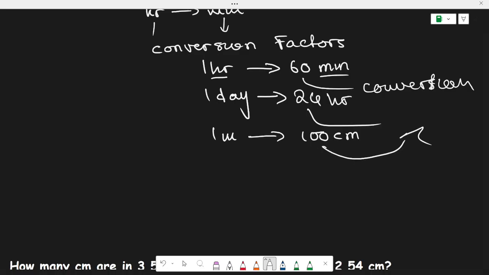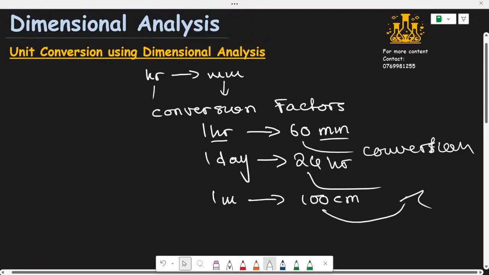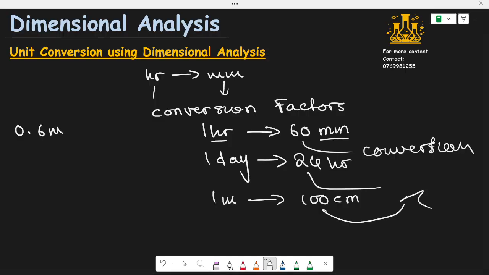So now how do you use these conversion factors? Let's take, for example, you have 0.6 meters. How do you convert from meters to centimeters? How do you convert this 0.6 to centimeters?